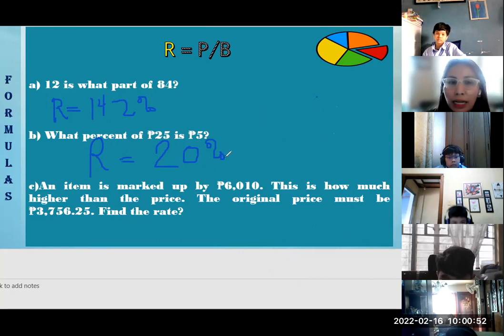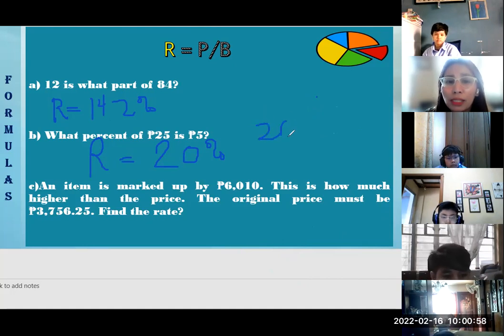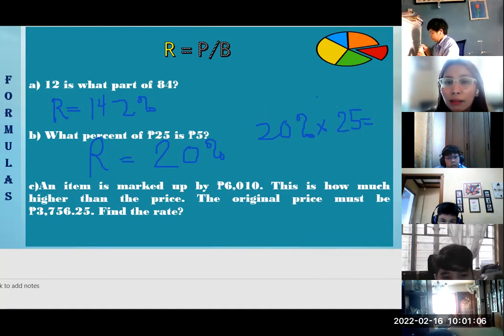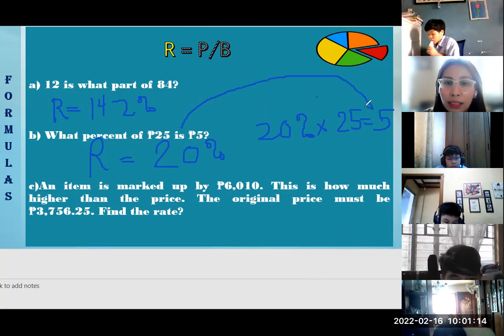So, analyze natin, class. What percent of 25 is 5? We know na 20% of 25 is 5. Ganyan siya, class. Palaging is, ito po yun is, equals yun, and then the of, always multiply.